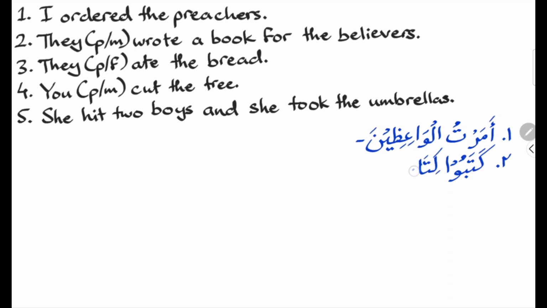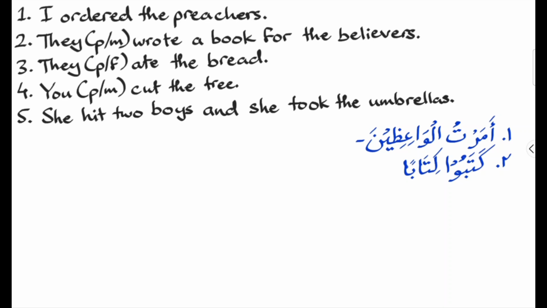And since it's the maf'ul, the last letter ba is going to get 2 fathas. Katabu kitaban for li, the believers. Now the believer, singular, is al-mu'min. The plural for that will be either al-mu'minun or al-mu'minin depending on the circumstances. First we have to look at what state the believers is coming in. It's coming after lam, for, li.